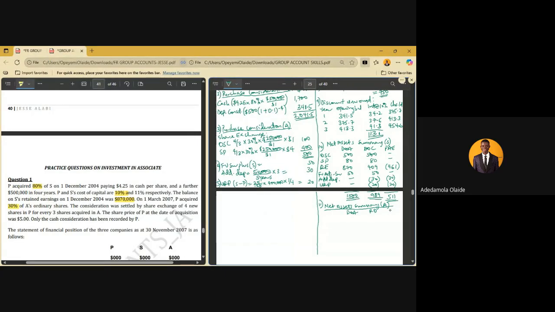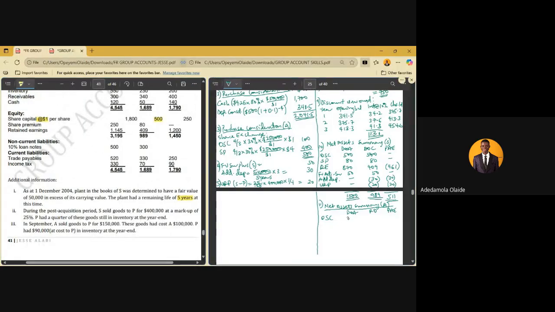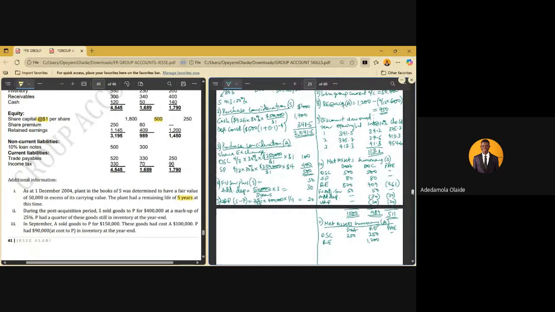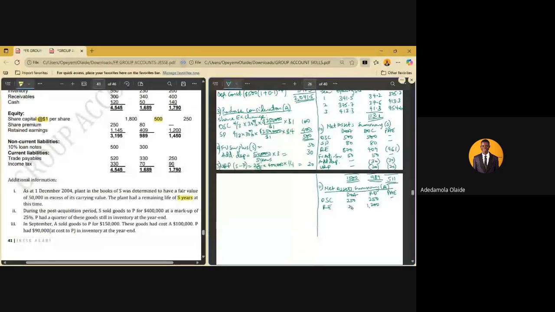So we have PAE, post acquisition earnings. For this one, ordinary share capital is 250. Then share premium they don't have. Retained earnings, 1002 here. At the date of acquisition, we calculated it to be 750. So we have 450.